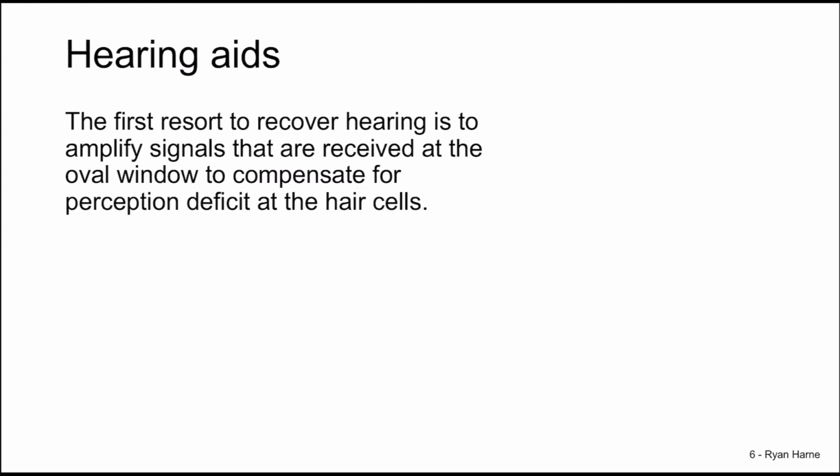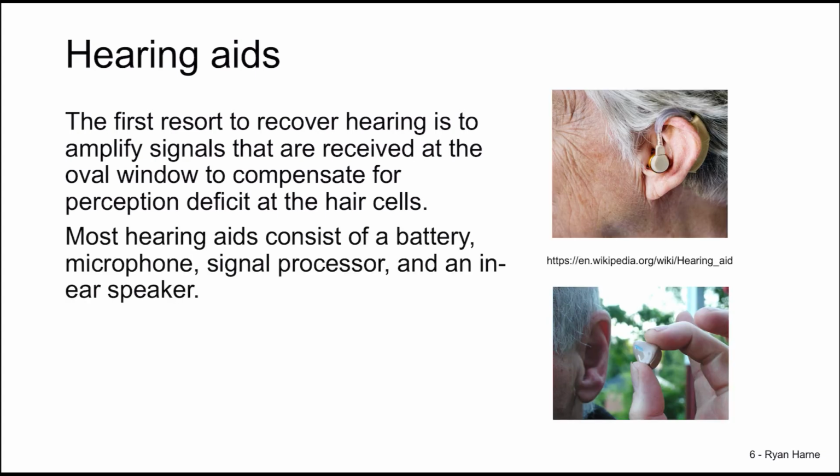Hearing aids are the first resort to recover hearing. They act simply by amplifying signals received at the oval window to compensate for the perception deficit at the hair cells. Most hearing aids consist of a battery, microphone, signal processor, and an in-ear speaker. The battery and processing might occur outside of the ear, such as the photo on the top, or the processing and the battery might be contained in a fully in-ear unit, like the unit on the bottom.